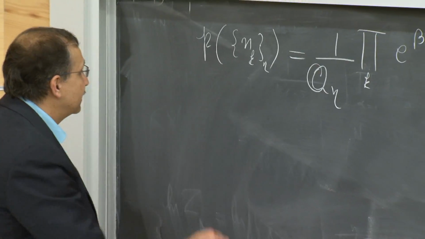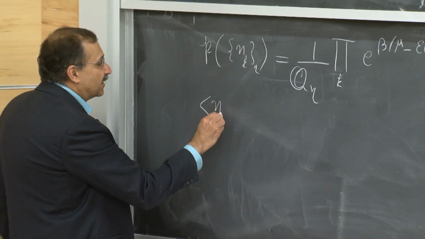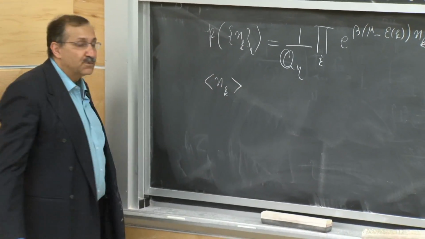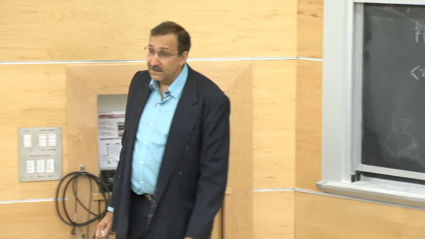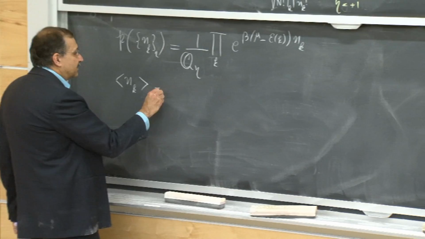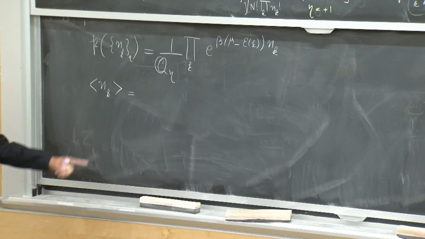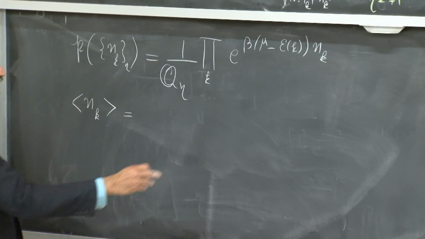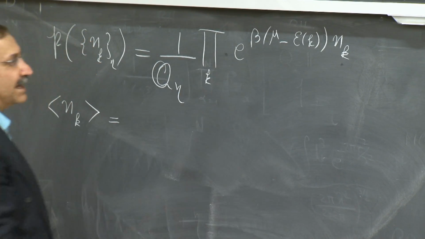So you can, in fact, independently calculate the average occupation number that you have for each one of these single particle states. And it's clear that you could get that by, for example, bringing down a factor of nk here.